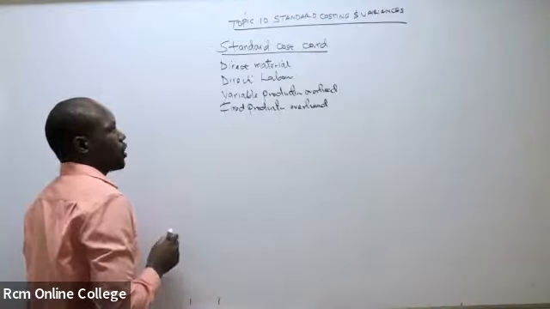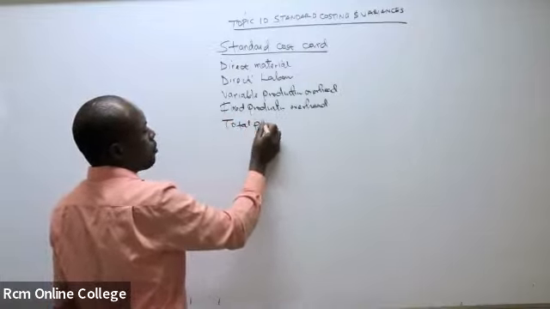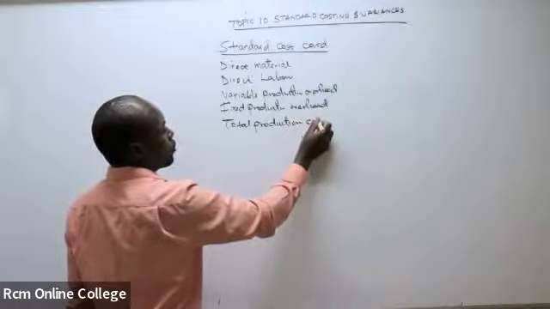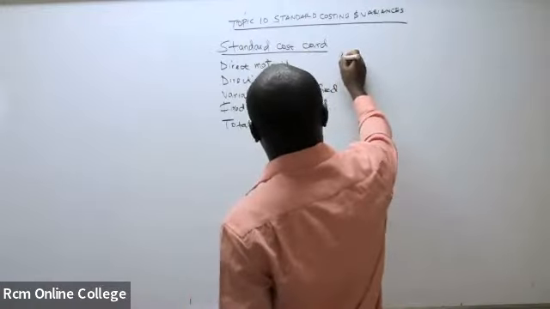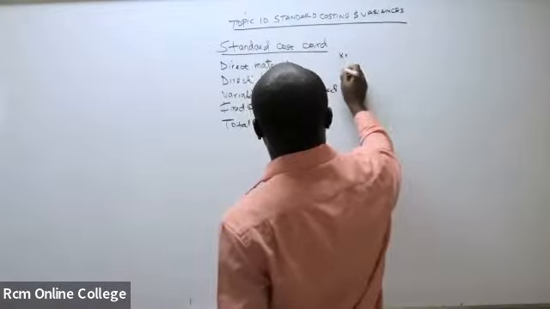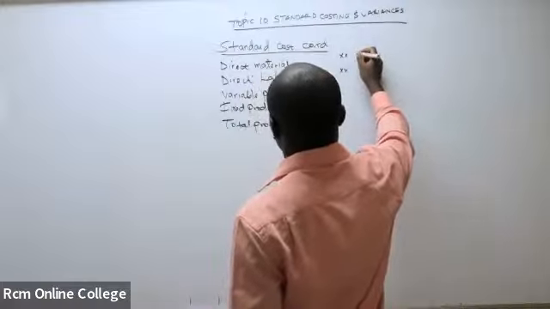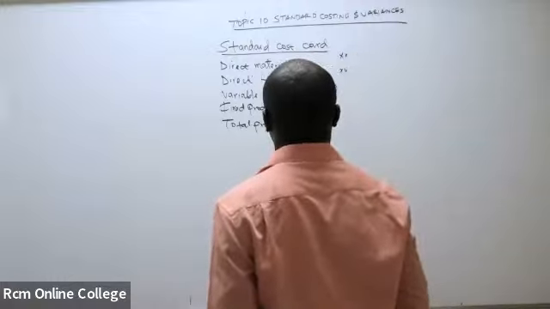Then of course we'll be talking about total production cost. So direct material plus direct labor, these two will give us what we call direct or prime cost. This will give us what we call prime cost.